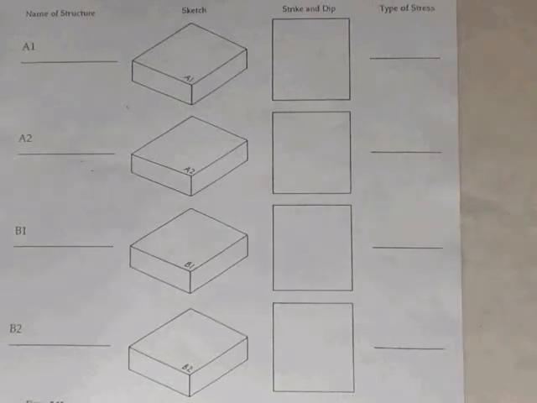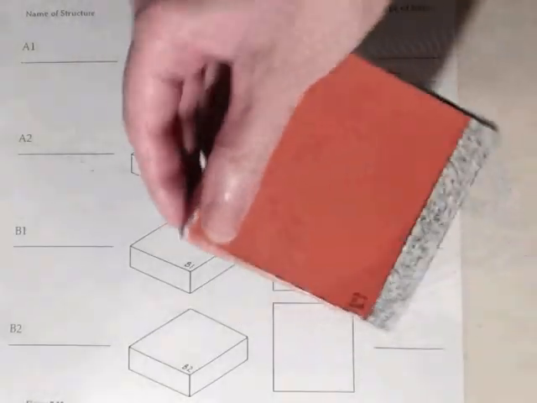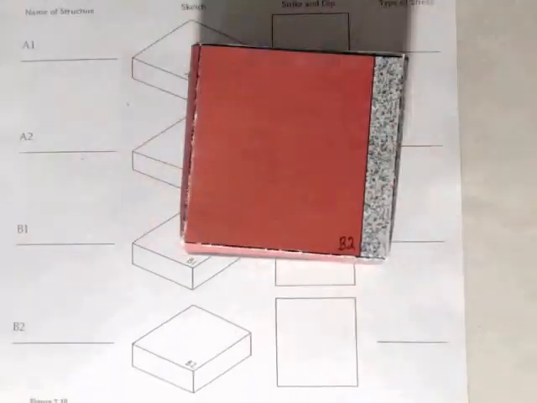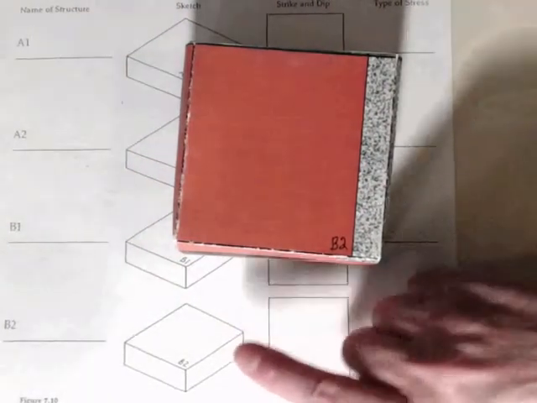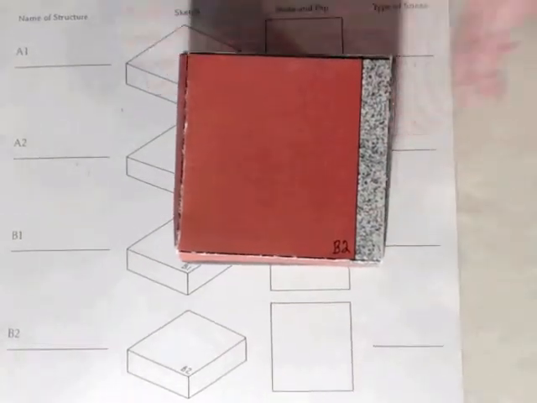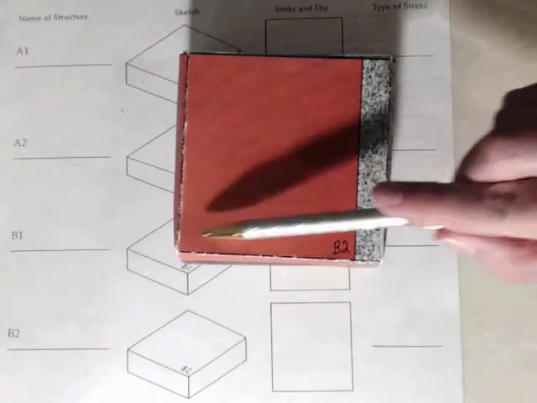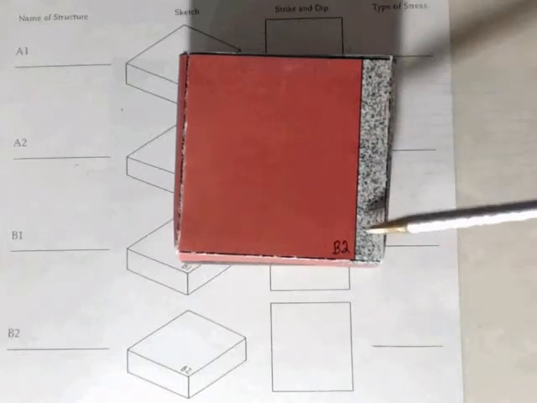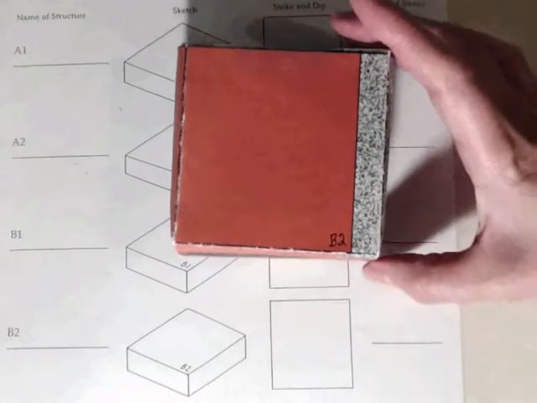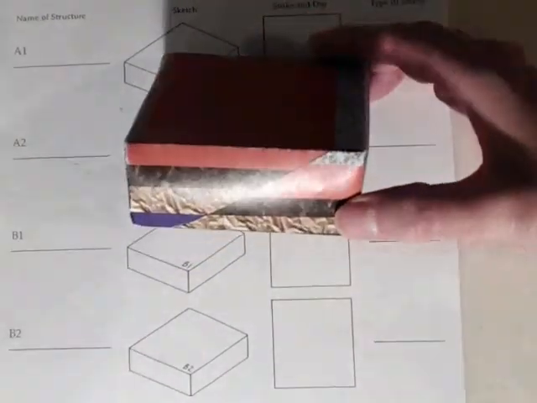Okay, so let's flip our box over. This time we're looking at the orientation of B2. So now we're working here. Make sure you've got it oriented right. The top view is pretty simple. We've got one layer here and then a little narrow dotted bed there. This gets a little busier on the side.